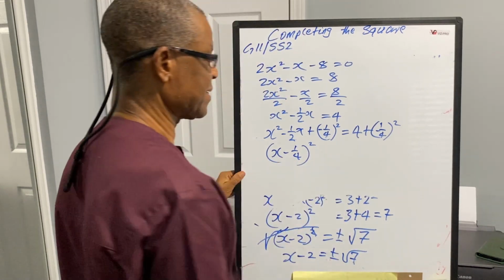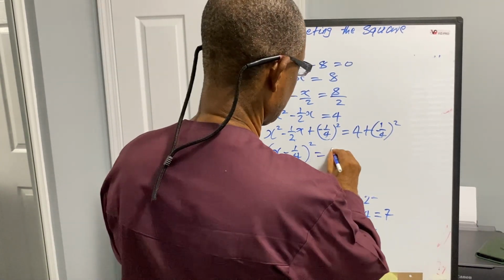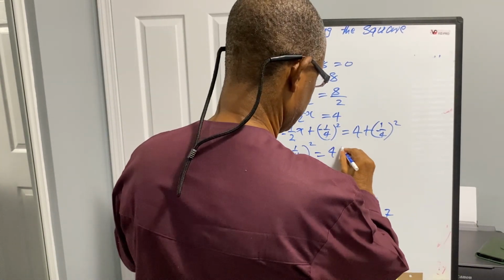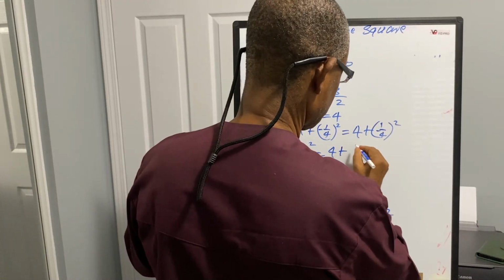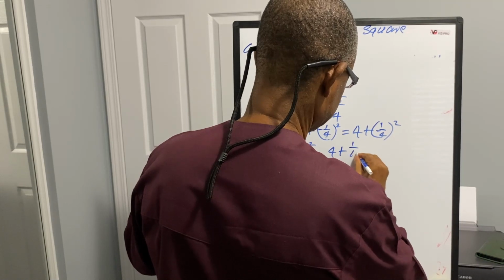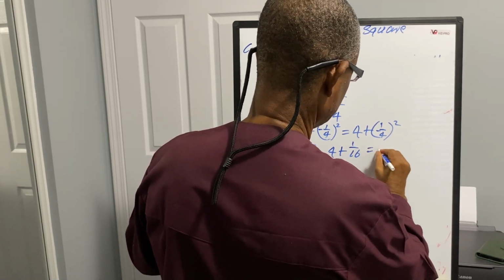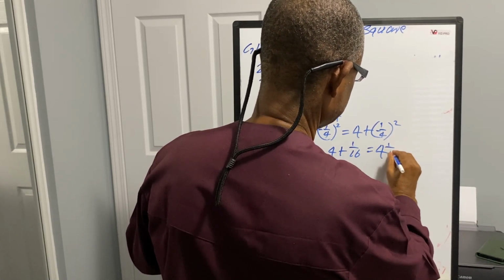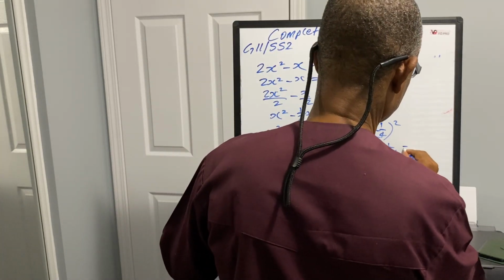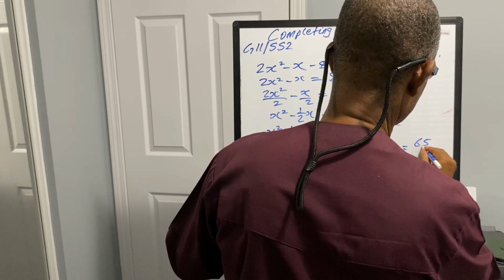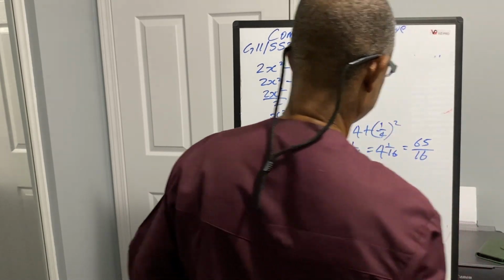We have expressed the left hand side in a perfect square form, equals 4 plus 1 over 16, resulting in 4 whole number 1 over 16. 16 times 4 will give us 64. 64 plus 1 is 65 over 16.